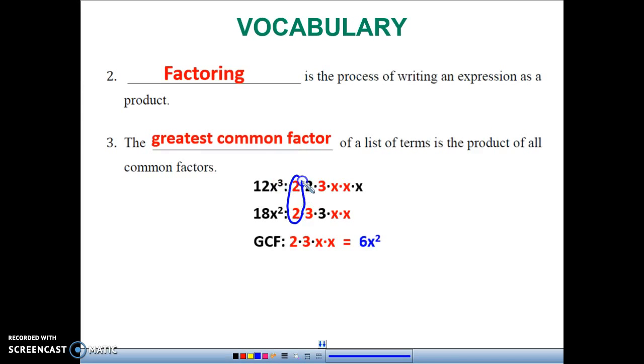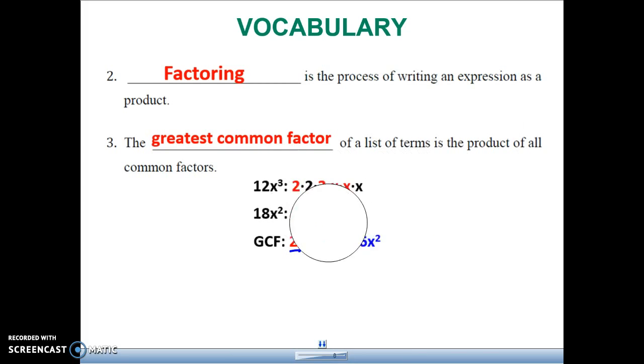Here, 2 is common between those two groups. 3 is a common factor. X is a common factor. And this X is a common factor. You multiply those common factors together and you get 6x squared, and that's your greatest common factor between those two terms.